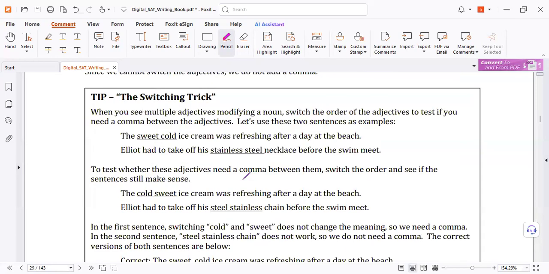Here again, let's see the switching trick. What does a switching trick mean? It means switch both of them. Is it the same meaning?